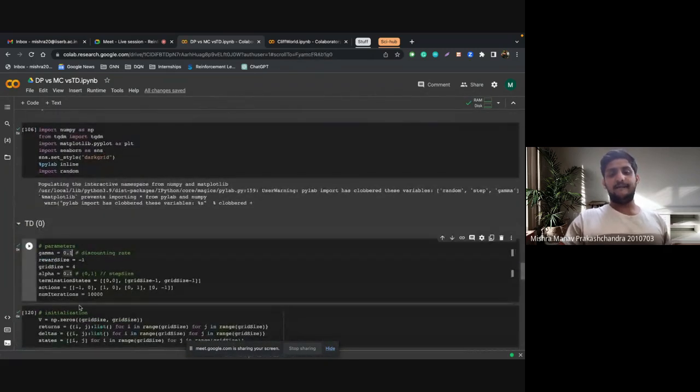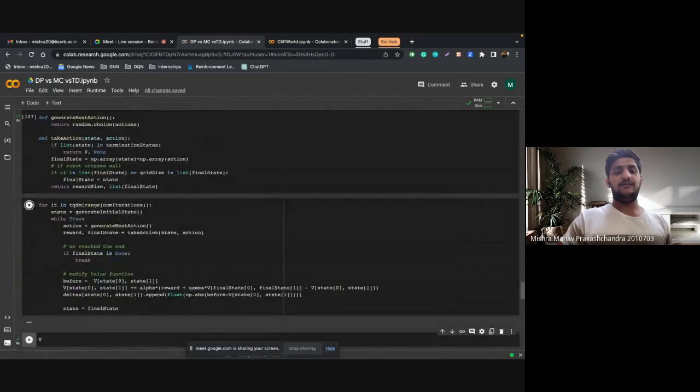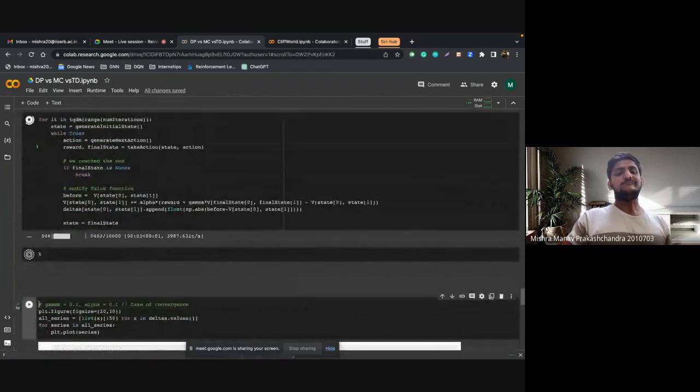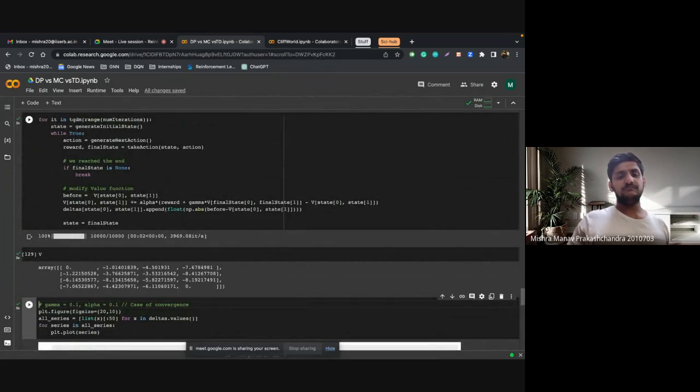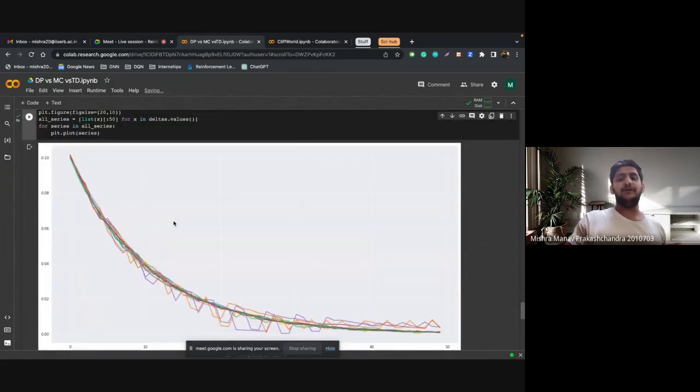I'll go here, make 0.9, and this is 0.9. I run all the cells. So this was a plot for gamma 0.1 and alpha 0.1.